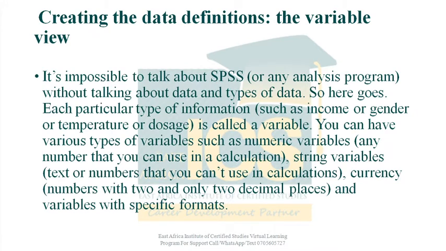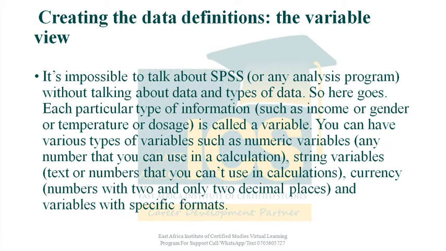It's impossible to talk about SPSS or any analysis program without talking about data types. Each particular type of information, such as the income or gender or temperature or dosage, is called a variable. So a variable is simply any instance that will be entered, be it the age, the county, the gender, the temperatures, and so on.